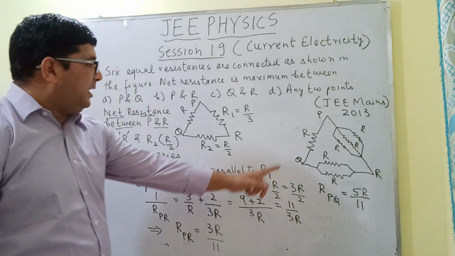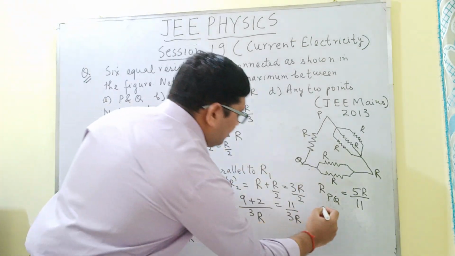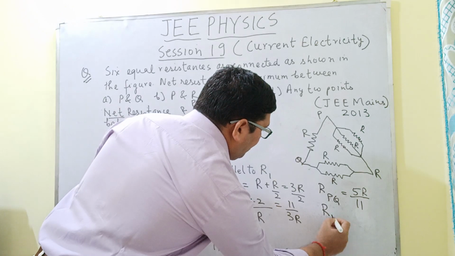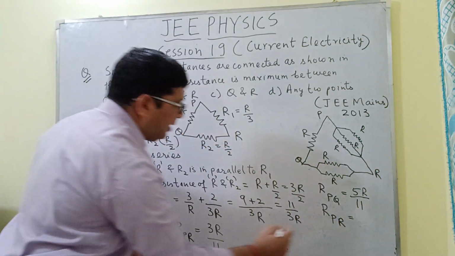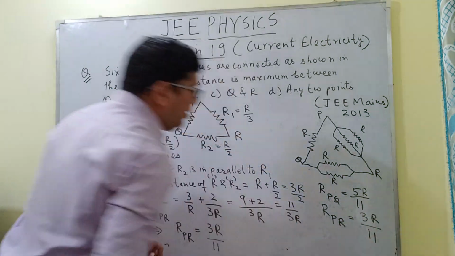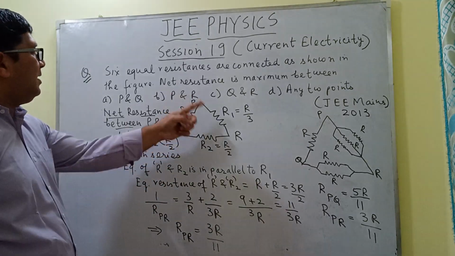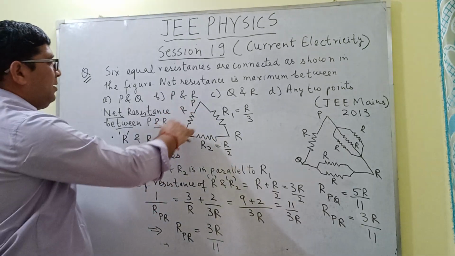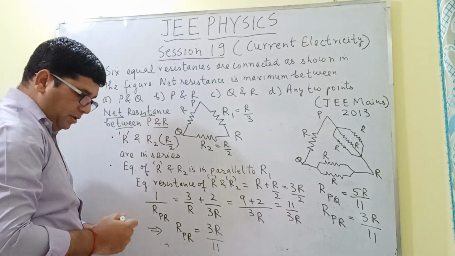Okay, the net resistance between the point P and R is equal to 3R upon 11. Okay, so this is how we have to calculate the net resistance between the two points in this question.